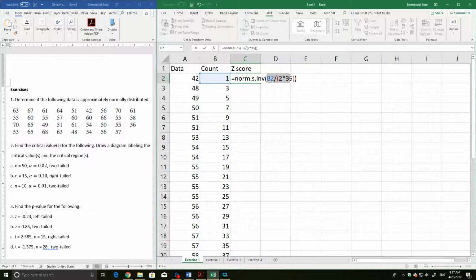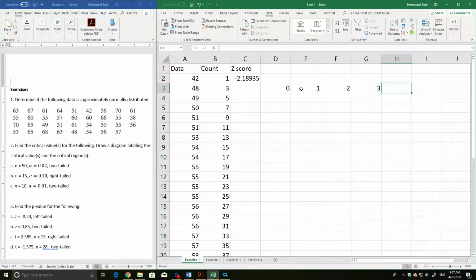Essentially what this does is it breaks your data up into 70 pieces, and then you're evaluating the z-score at the midpoint of each piece. So for example, if your first number is 0, then 1, 2, 3, all the way to 72, right?